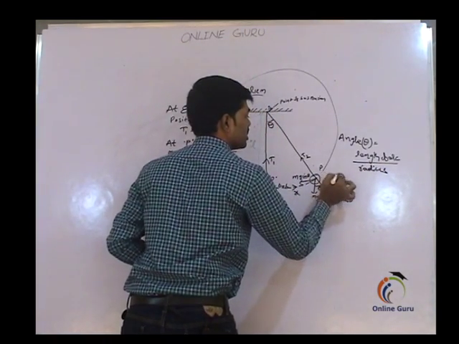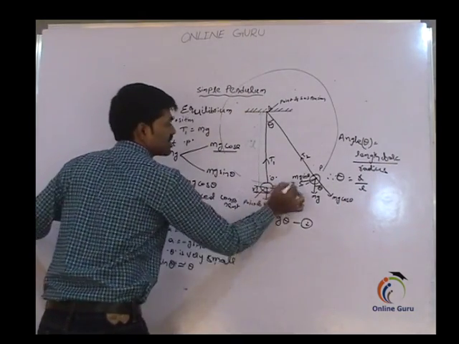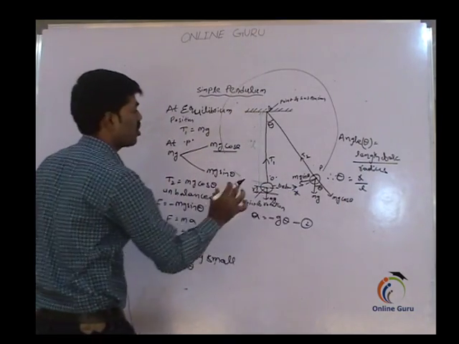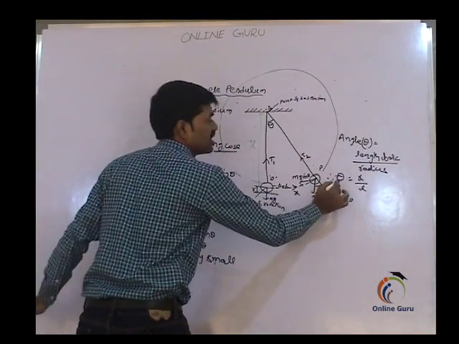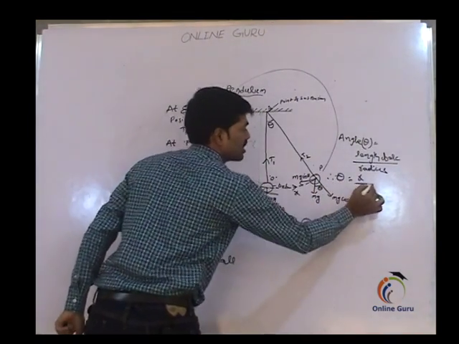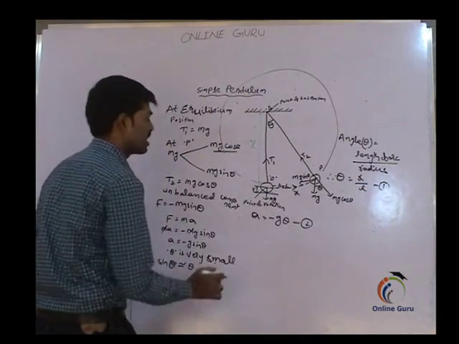Therefore theta is equal to x by L. This x is some portion of the sphere, that is the length of arc, so theta is equal to x by L. This is the first equation, and this is the second equation.